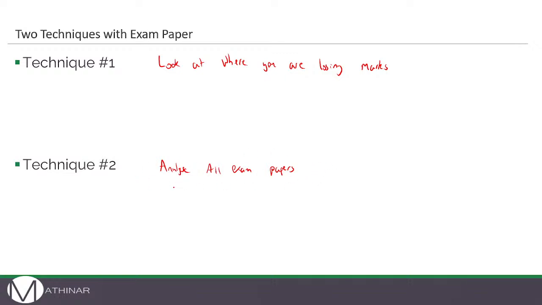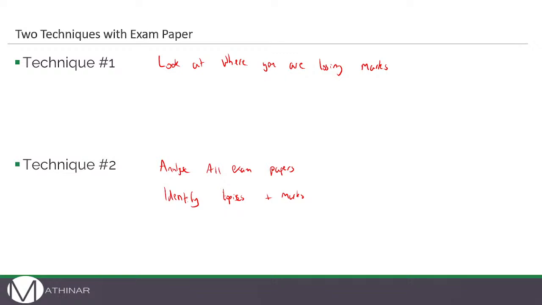Now you analyze the papers and you identify the key topics and marks, and you look for trends. So for example, if you're doing GCSE, you notice that circle theorems comes for a total of 8 marks in 2017, and then it comes for 10 marks in 2018, and then it comes for 7 marks in 2019, and so on.